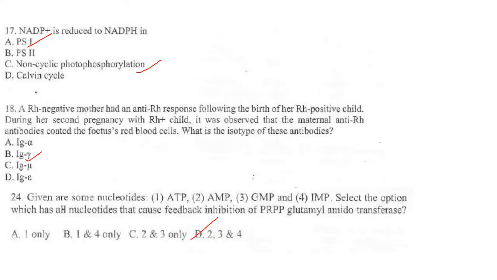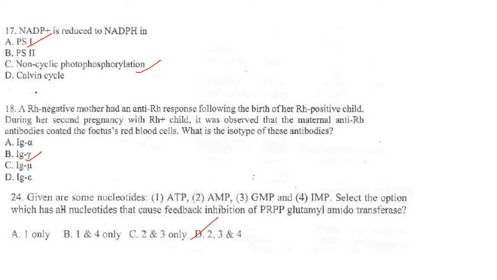Then NADP plus is reduced to NADPH in photosystem 1 and non-cyclic photophosphorylation. Then an Rh negative mother had an anti-Rh response following the birth of her Rh positive child. During her second pregnancy with an Rh positive child, it was observed that the maternal anti-Rh antibodies coated the fetal red blood cells.